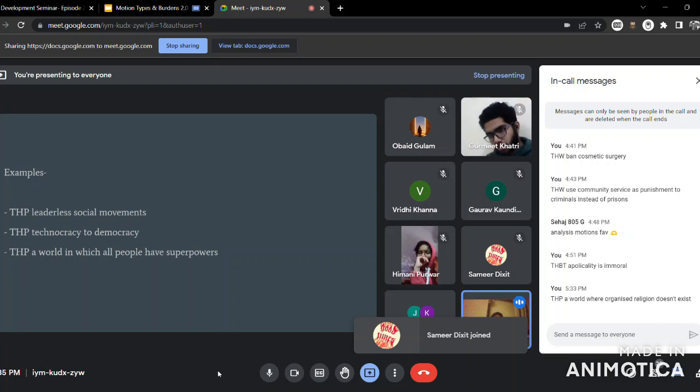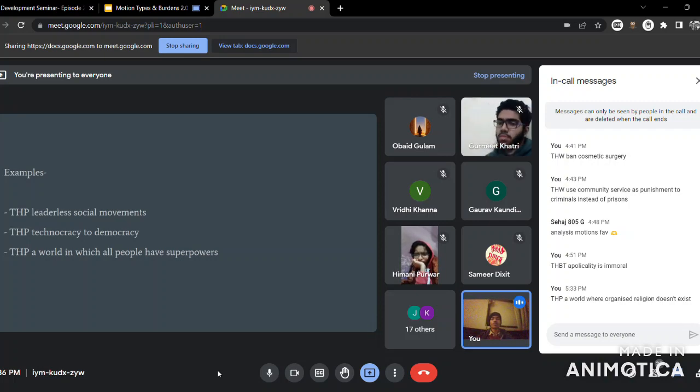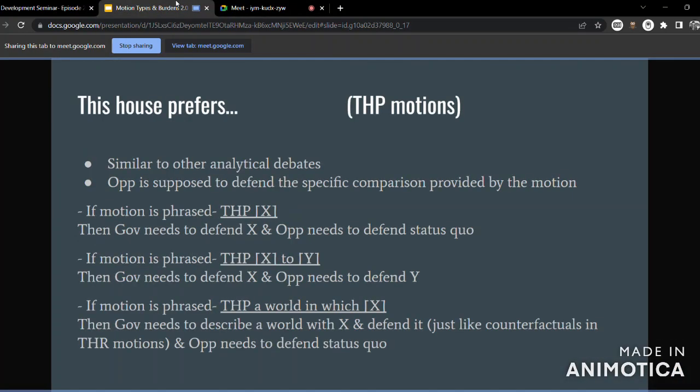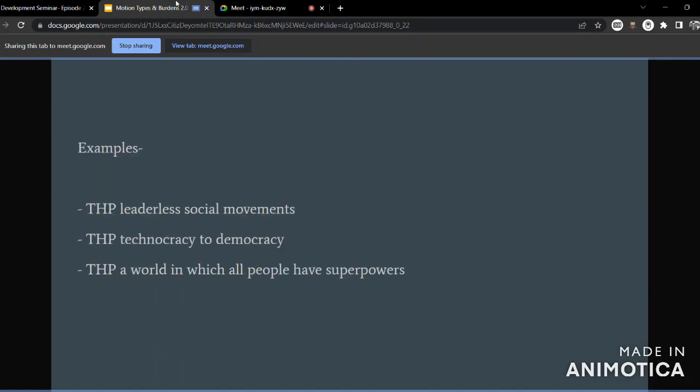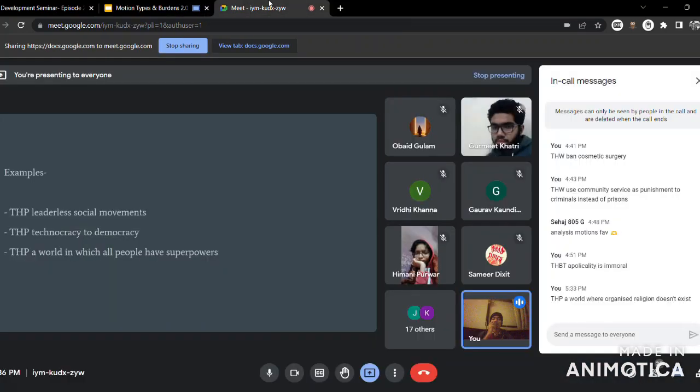Probably that's the structure that most social movements, not all, but most follow in status quo. Then that is something that you need to compare as opposed to leaderless social movements where everyone has an equal say, or there are no leaders, right? So this is an example of the first type of prefers motion.